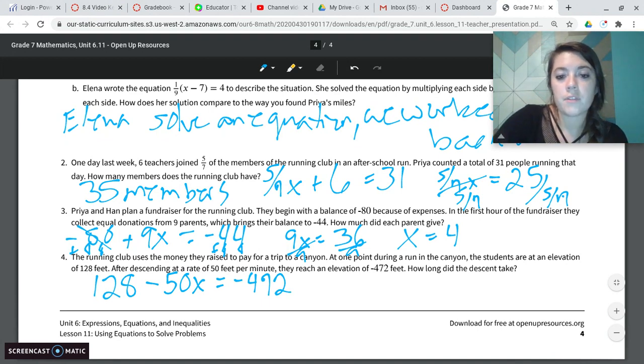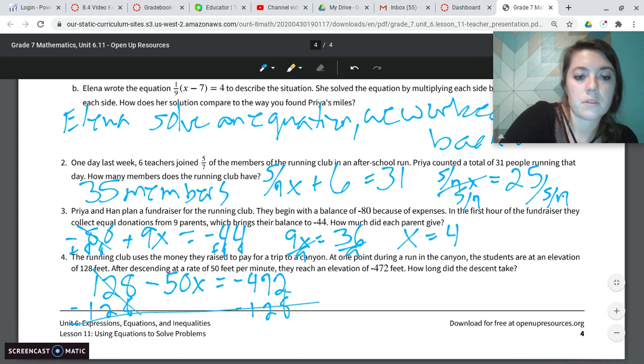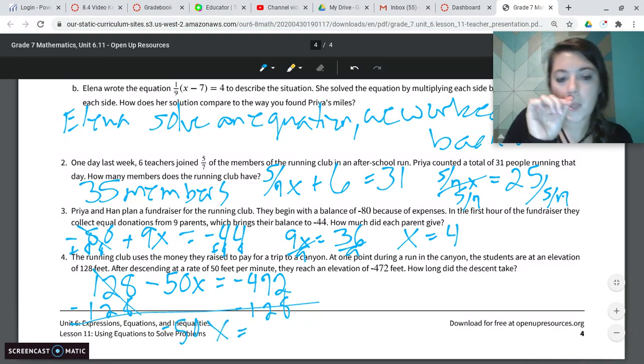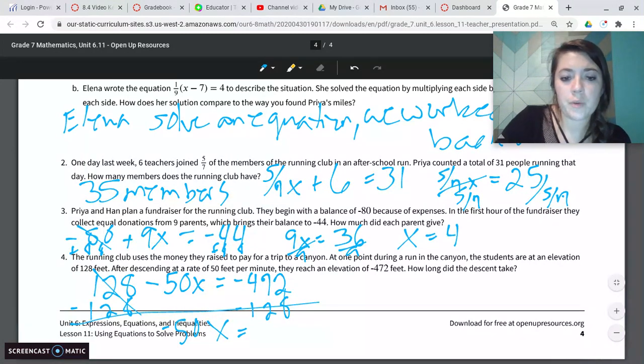So if we solve this out, we're going to start by subtracting 128 from both sides. Negative 50x equals, so we have negative 472 and we're subtracting 128.